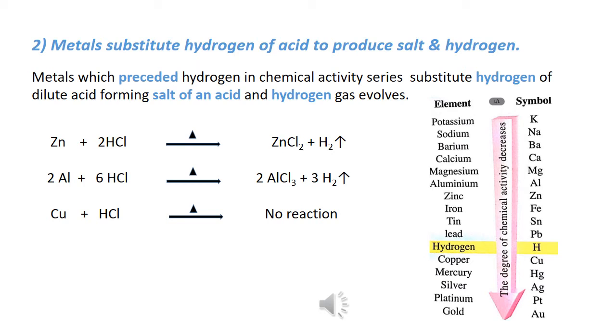While when copper reacts with hydrochloric acid, here you can see copper comes after hydrogen in chemical activity series, so it cannot replace hydrogen, so here no reaction.